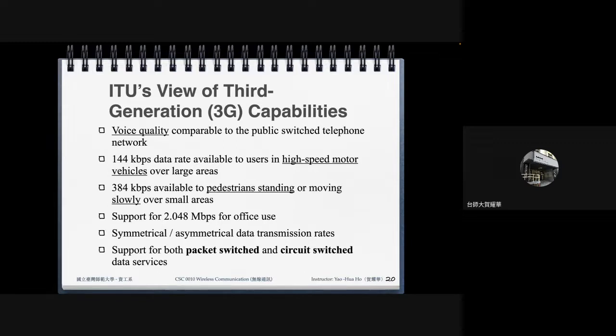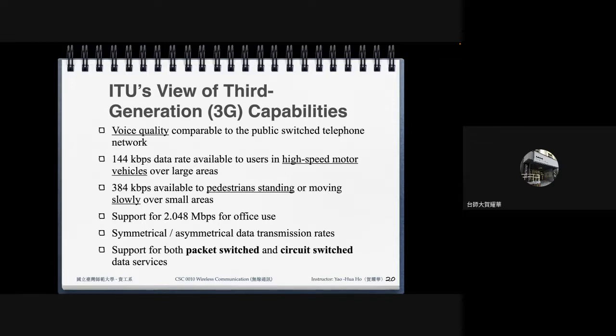The view for the general purpose capability of third generation is that the voice quality is compatible to the public telephone switching network. So the quality of the cellular network is very similar nowadays to the home network, or the landline.